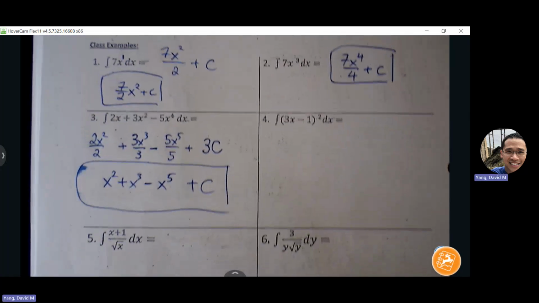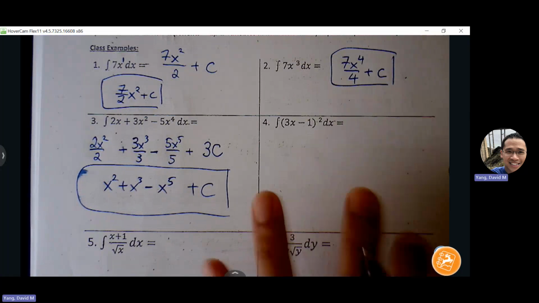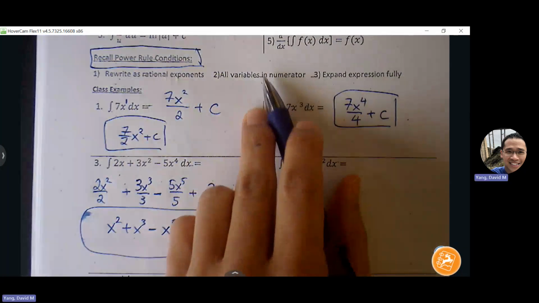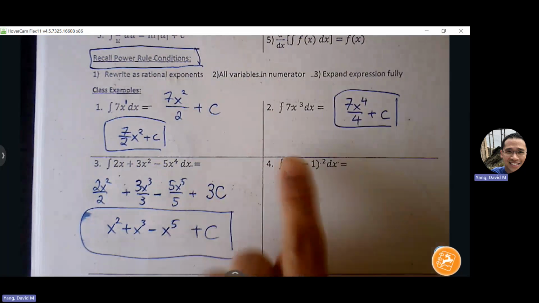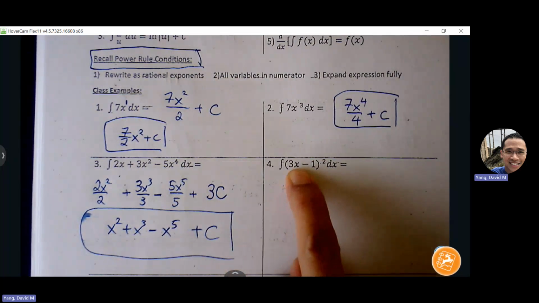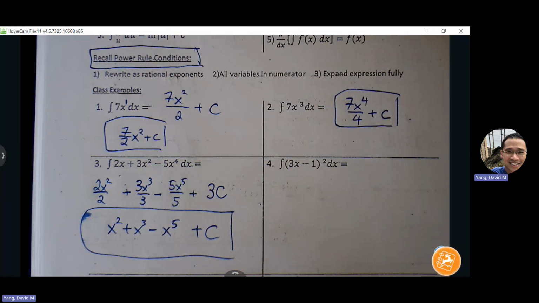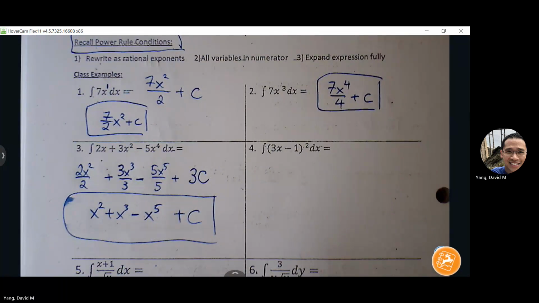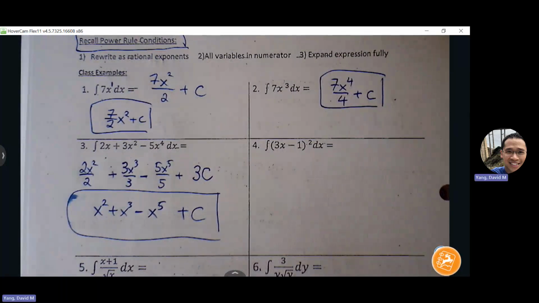All right, number 4. What's different about number 4 now? Yeah, we have some things we have to worry about, right? Just like if you were to take the derivative of this expression, you've got to do some cleanup first. Or I know we have chain rule, but here we have to expand it out fully. Careful though, we can't just distribute the 2 through.